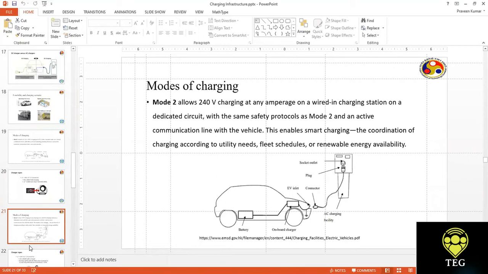So whenever we talk about smart charging, it means that the charger can communicate with the grid. That means it can coordinate with the grid, the distribution network of the city or the area. It can also allow fleet charging schedules, and it can also allow integration of renewable energies into it. Okay, so like solar PV generation or wind generation, all that can be incorporated.